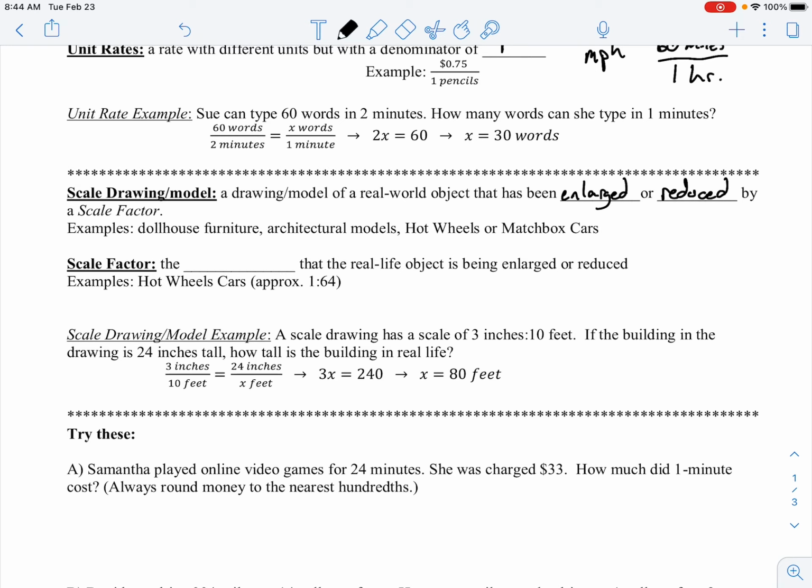Alright, so scale factor is the amount that the real-life object is being enlarged or reduced by. So an example here, we have a Hot Wheels car. Its scale factor is about 1 to 64. So that means to make one real-world sized car, it would need to be multiplied by its size.